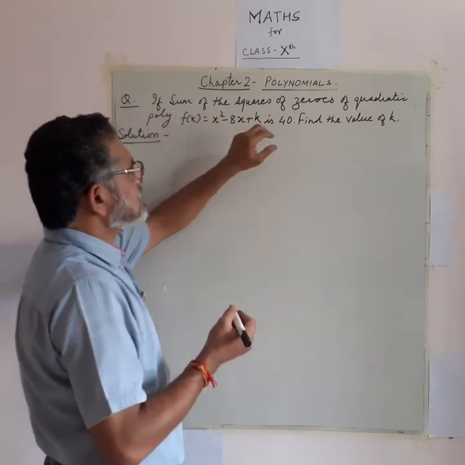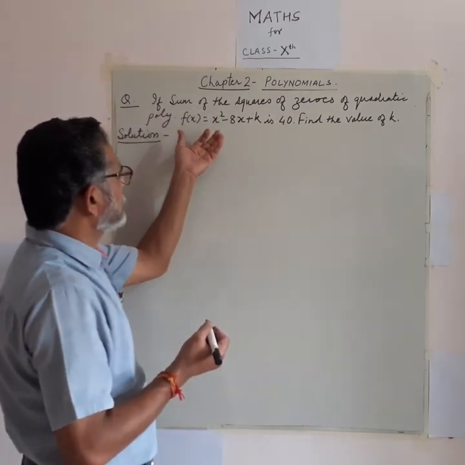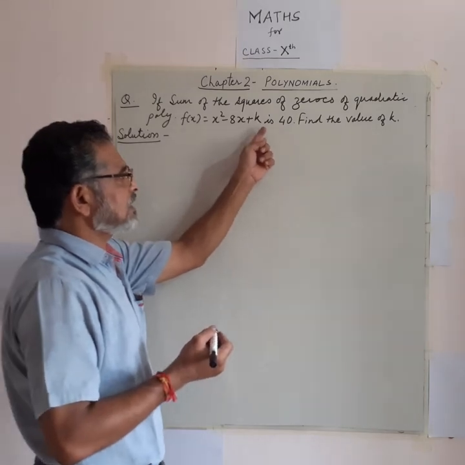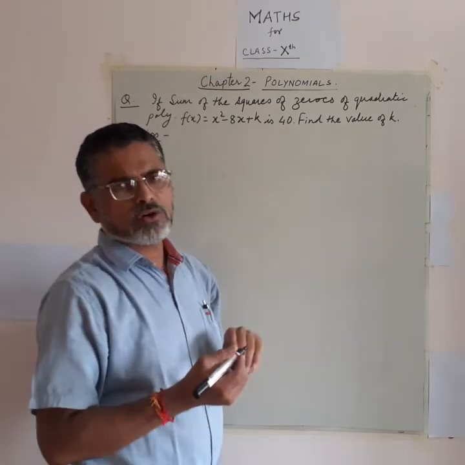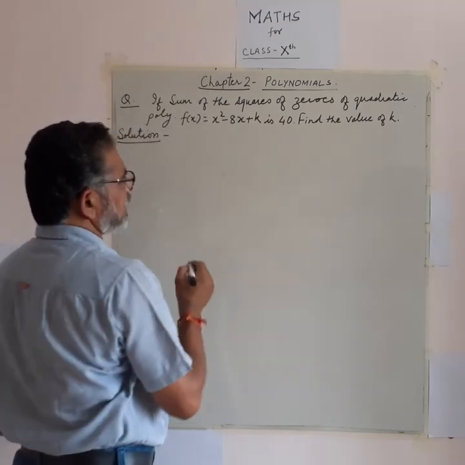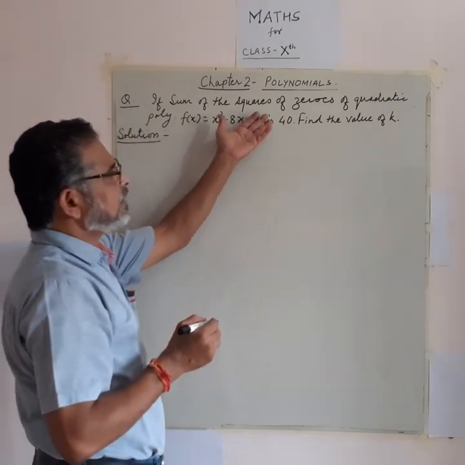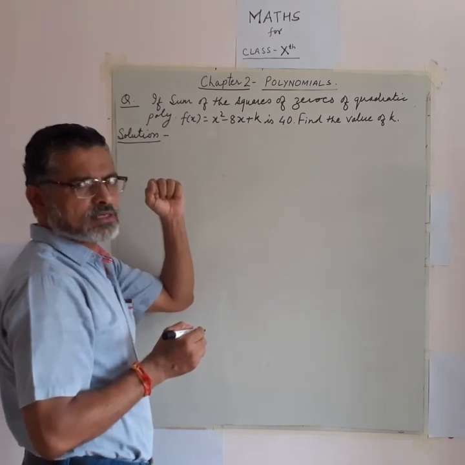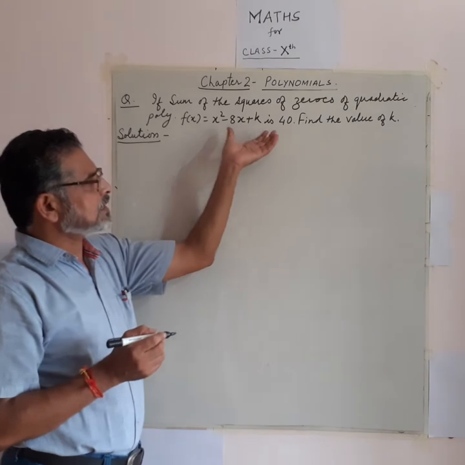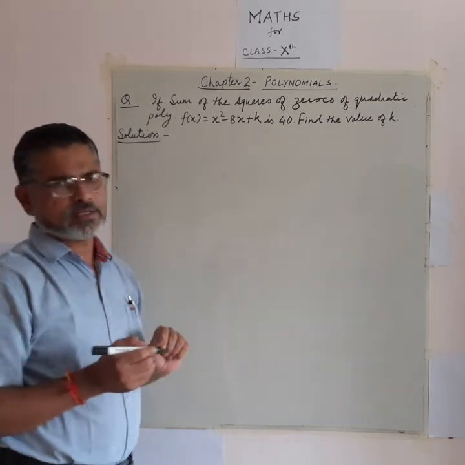If the sum of the squares of zeros of quadratic polynomial f(x), that is x square minus 8x plus k, is 40, then find the value of k. So how do we find it? With the help of zeros. Clear? That is, with the help of zeros we will find the value of k.